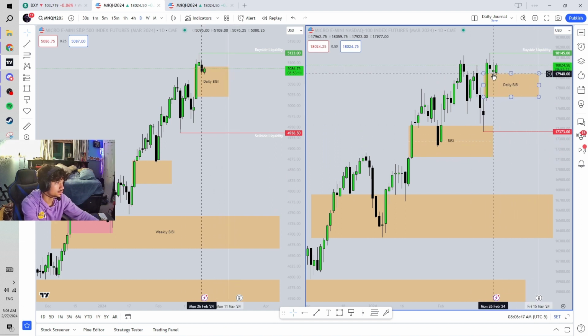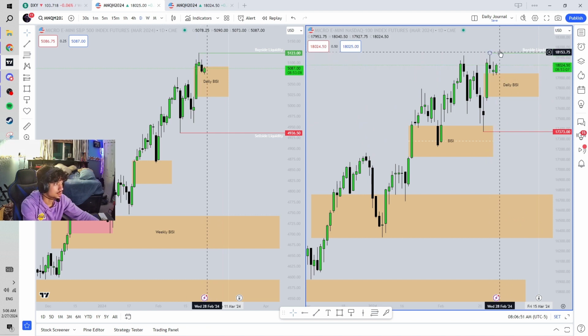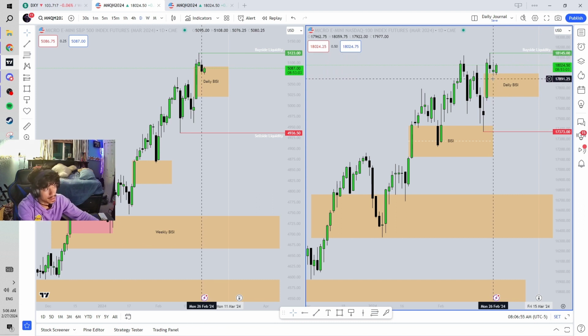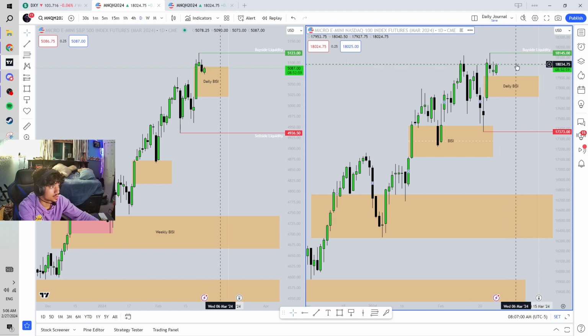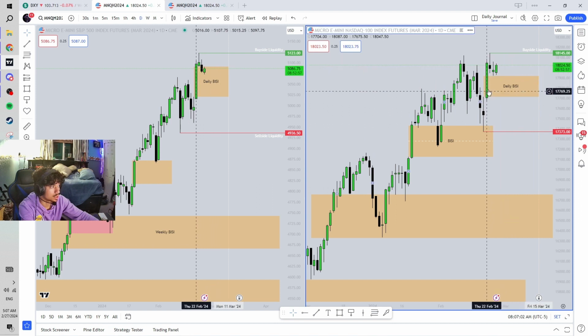And yeah, I'll be interested in today, this candle's high and this candle's low. And if we get past this candle's low, I'm interested in this remaining inefficiency right here from this candle's high to this candle's low because that still needs to be rebalanced.